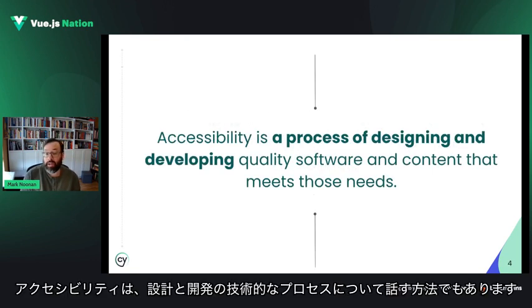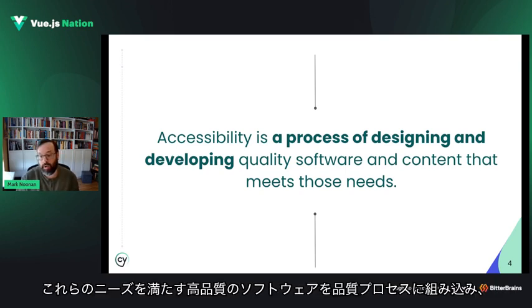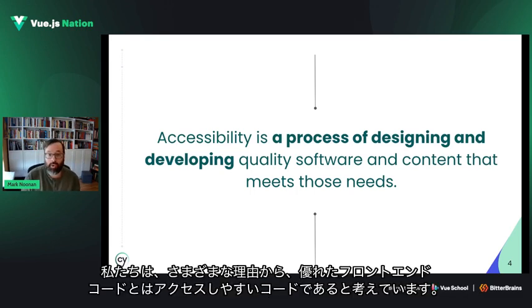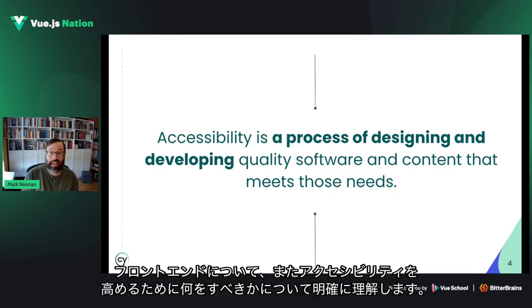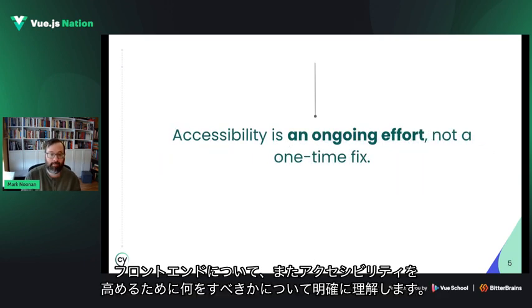Accessibility is also just a way to talk about the technical process of designing and developing high-quality software that meets those needs. So we roll it into the quality process, and we think of good front-end code as being accessible code for various reasons. But focusing again on the actual people at the other side of it is the easiest way to gain clarity about the front end and what to do to make something accessible.